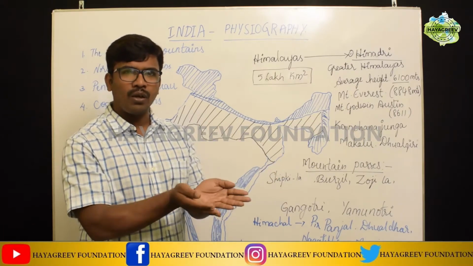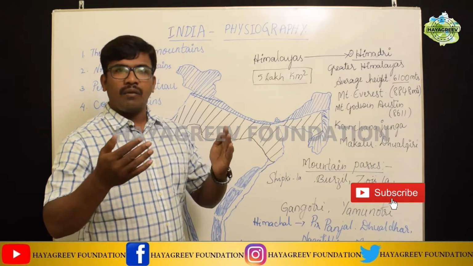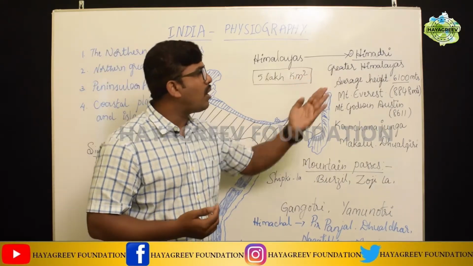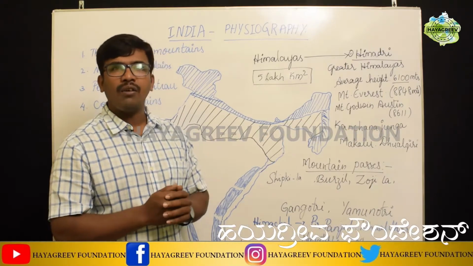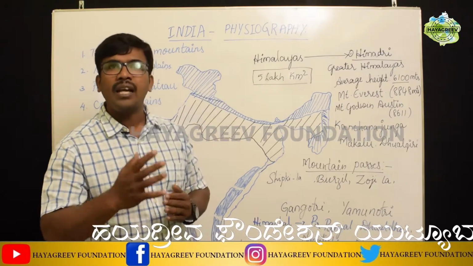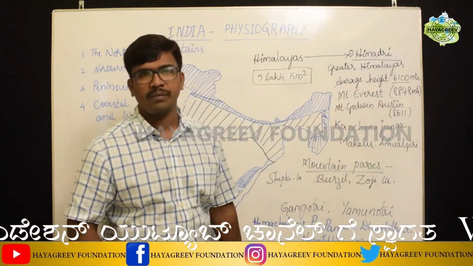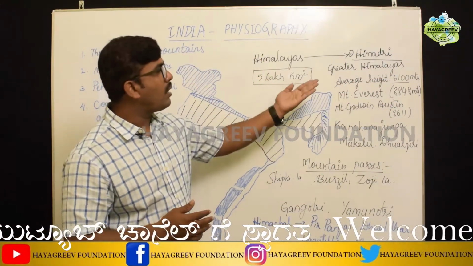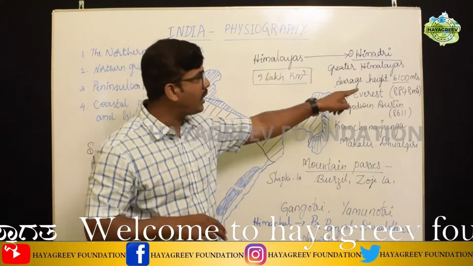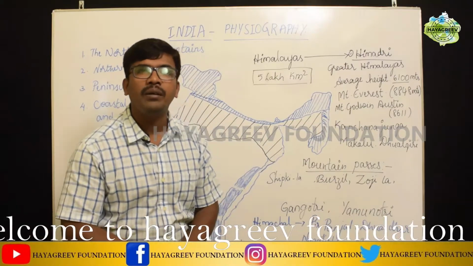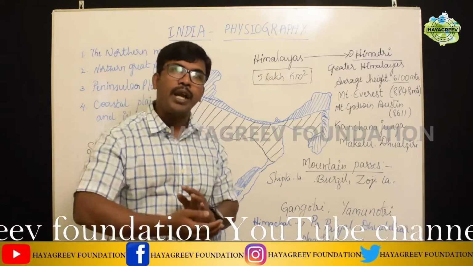Himadri means the one covered with snow. Why do I call Himadri the Greater Himalayas? The average height of Himadri, or the Greater Himalayas, is 6,100 meters, and some peaks are more than 8,000 meters.